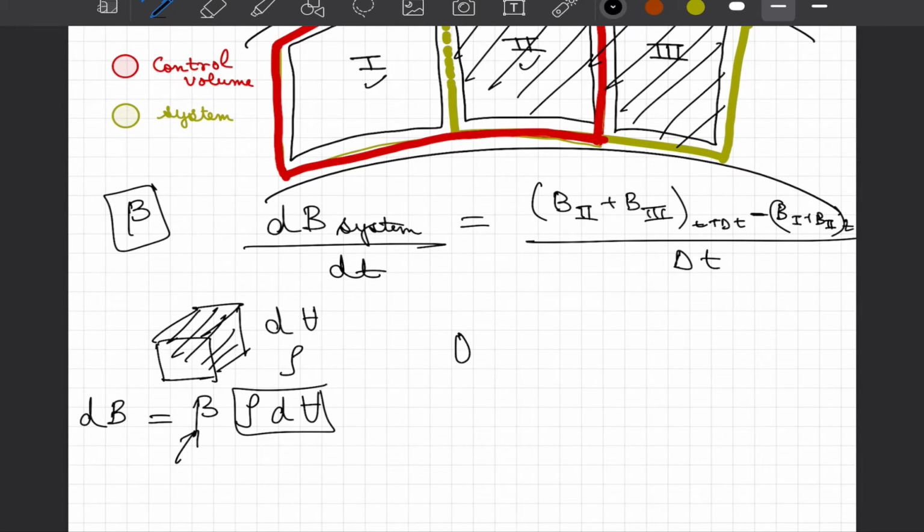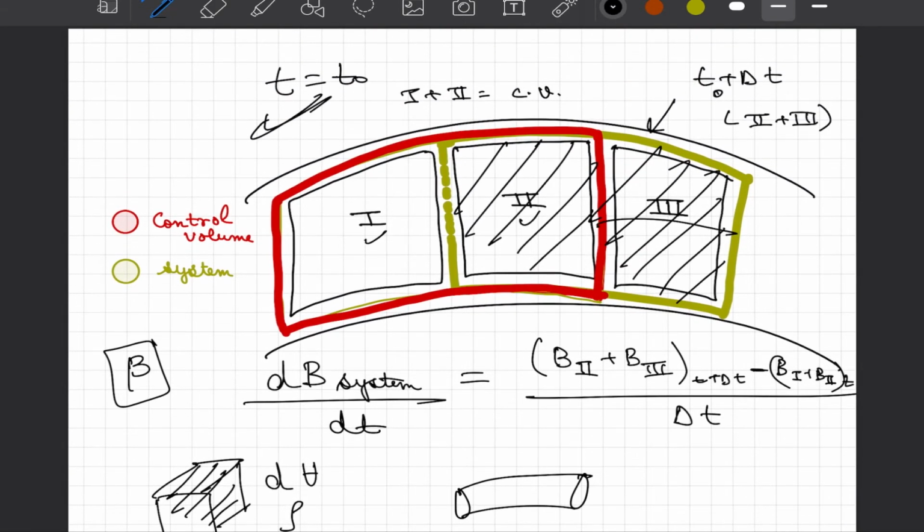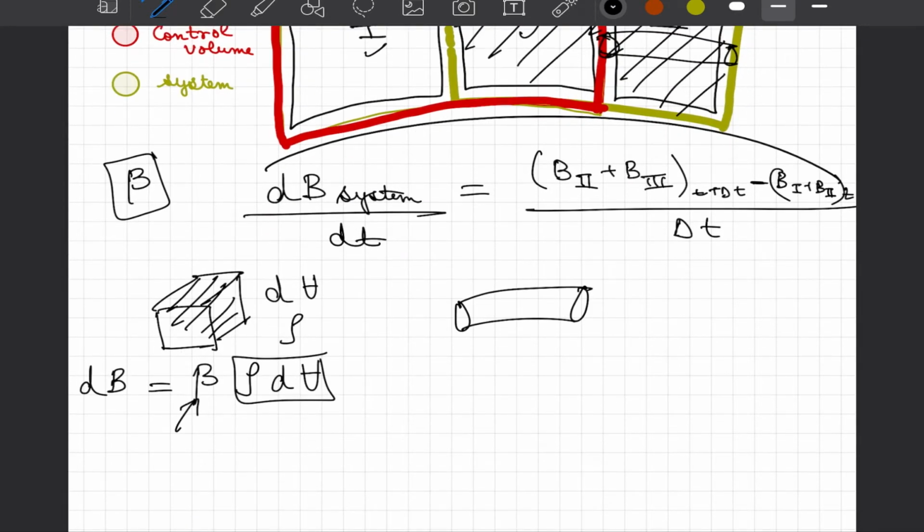Similarly, if we consider an element here which has a cross-sectional area dA, and fluid is flowing with the velocity v, and there is some angle between the normal to the area and v, we can always resolve the components using v dA.